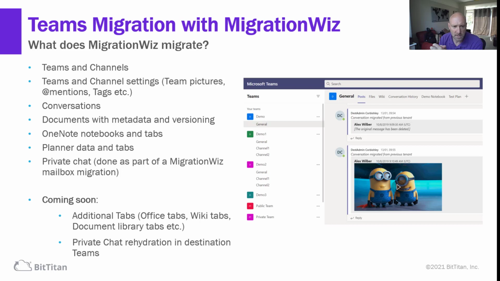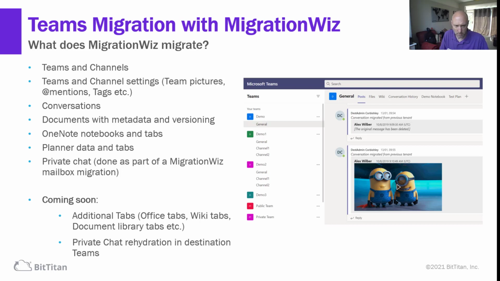Documents associated with those teams and channels, including metadata and versioning, and that's key to enable you to do that kind of pre-stage migration pass prior to doing a cutover of the documents. OneNote notebooks and tabs, planner data and tabs, so all the buckets and tasks, task lists, etc. will be migrated. And we also allow the migration of private chat.